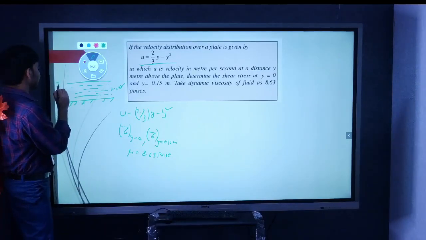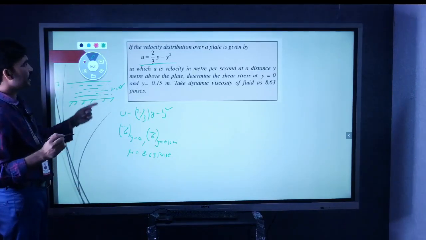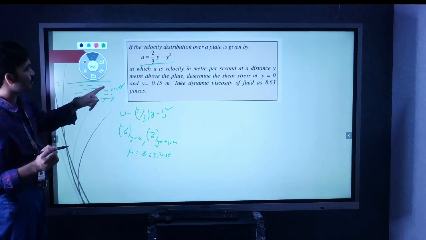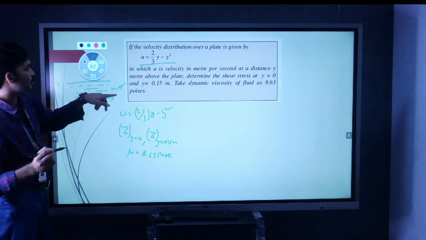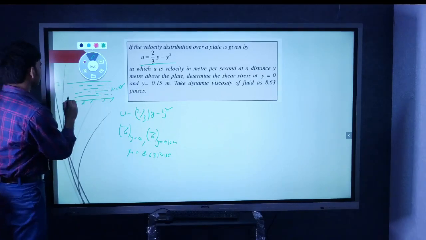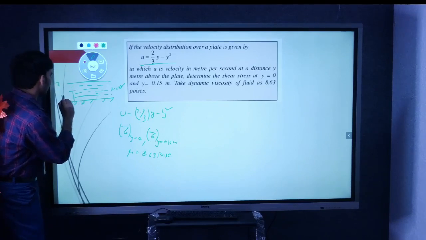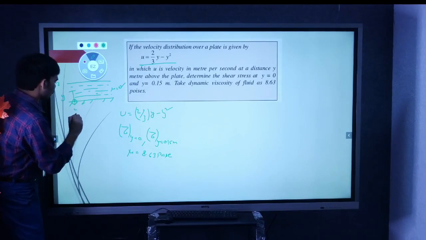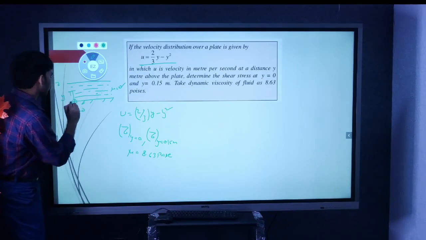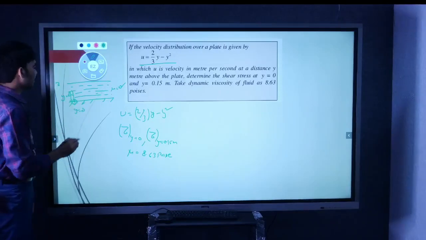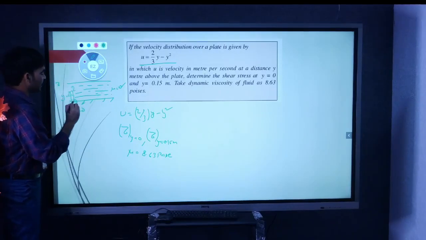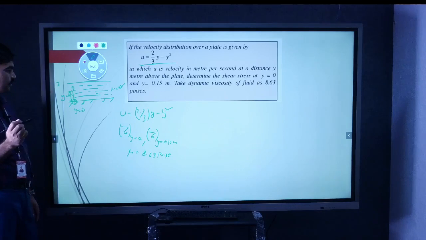What is the shear stress required to maintain this velocity profile? He asked you to find out the shear stress at a distance y. Y is 0, that means at the bottom of the plate, and at y is 0.15 meters. What will be the shear stress?